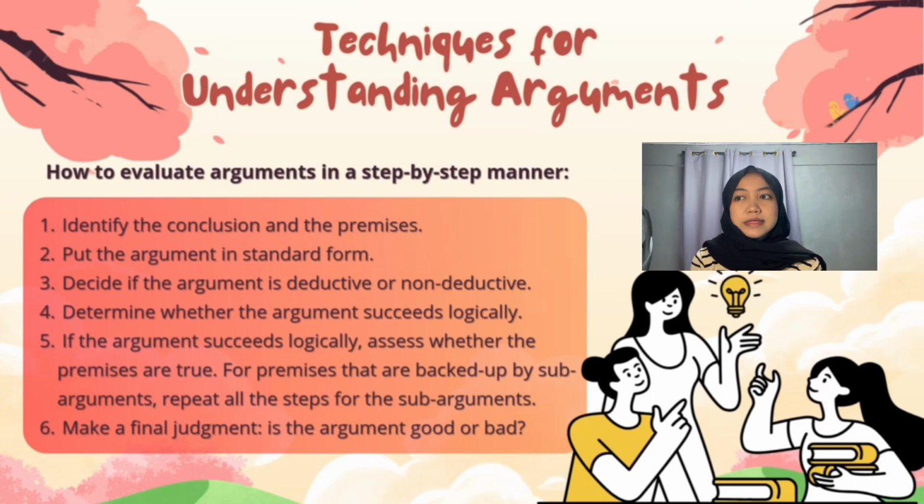The fourth is academic success because it will improve your skill in school and research. And the last is civic awareness because it will allow you to participate more thoughtfully in public issues and debates. Overall, knowing this kind of technique will help you to engage with information more effectively.